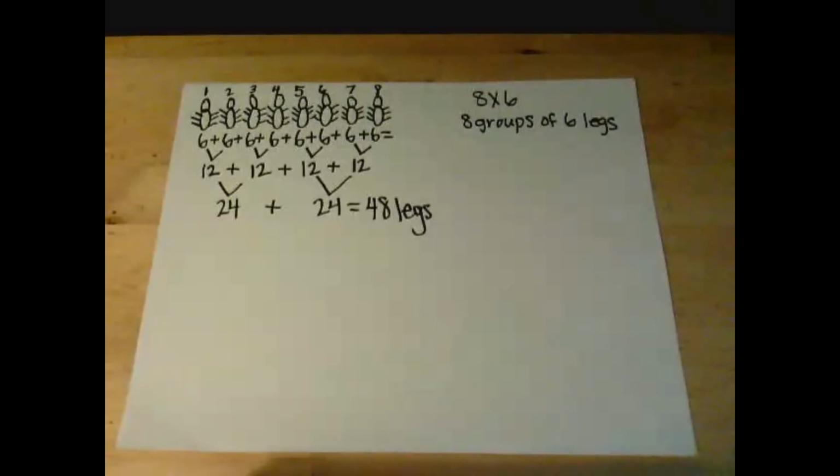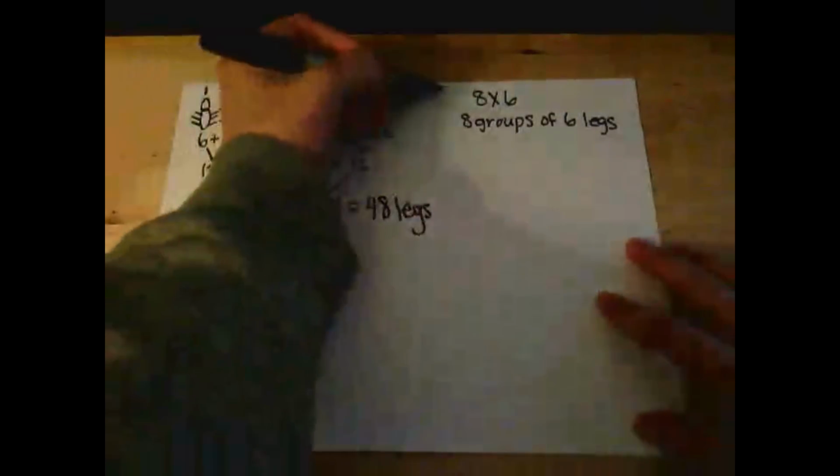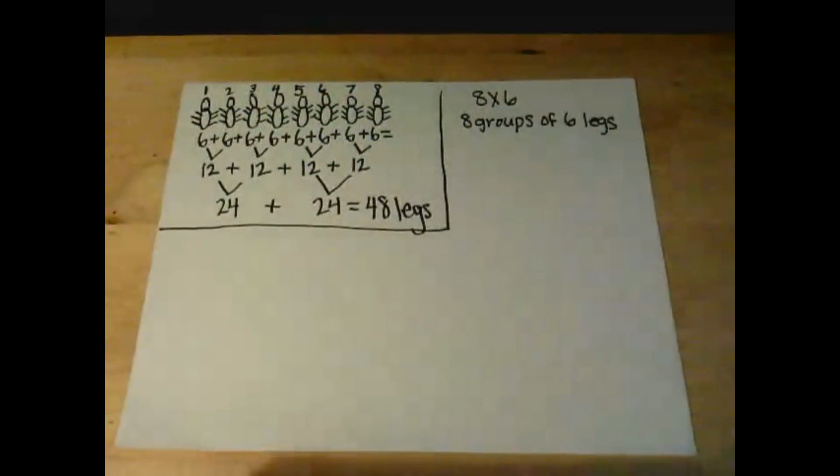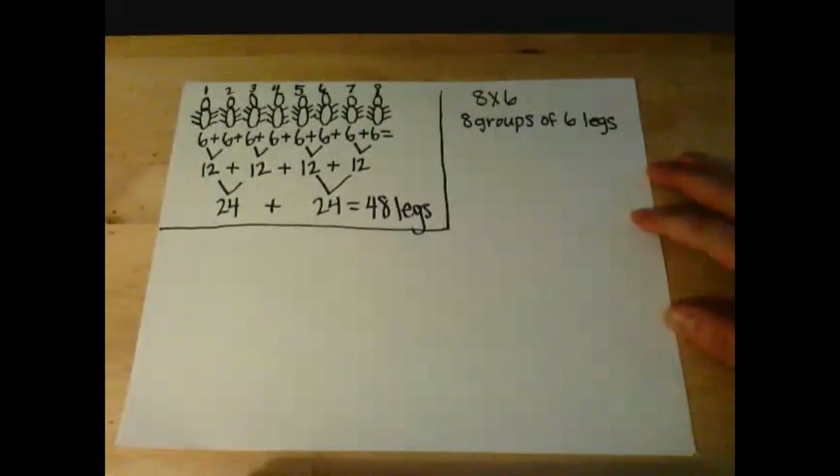So you may have thought about another way of solving this. If you know it's 8 groups of 6 legs, how can we use multiplication to solve this? Well, maybe you don't know 8 times 6 off the top of your head yet, but we can think about what is a fact that we could use that could help us.